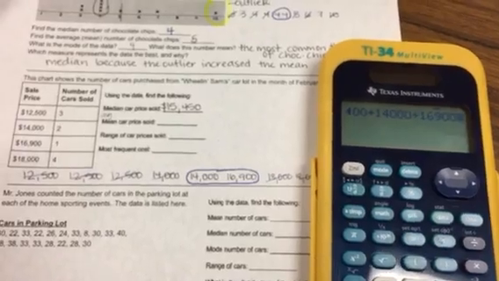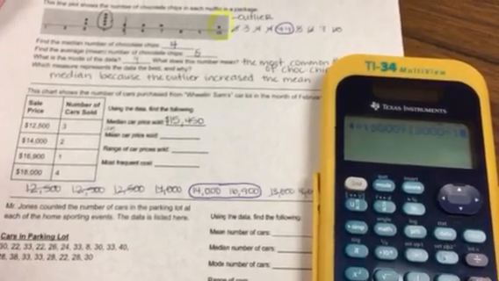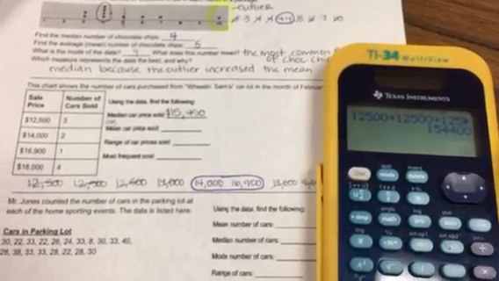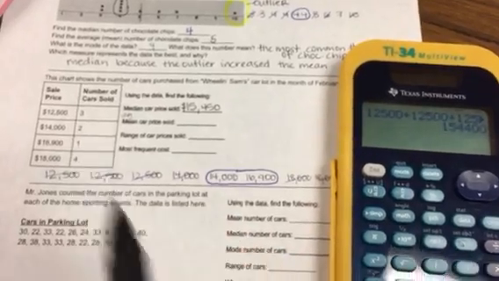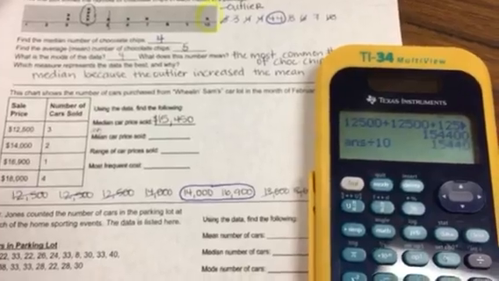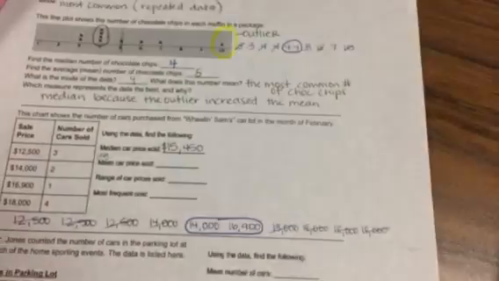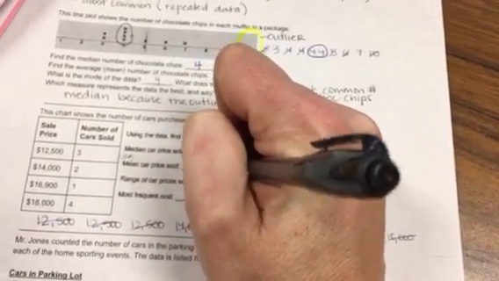We only have to do that 1 time. And then 18,000 plus 18,000 again and again. So that tells me that's the total. That's 3, 4, 5, 6, 10 cars. So when we divide that by the 10 cars that he sold, this is our mean value, 15,440.